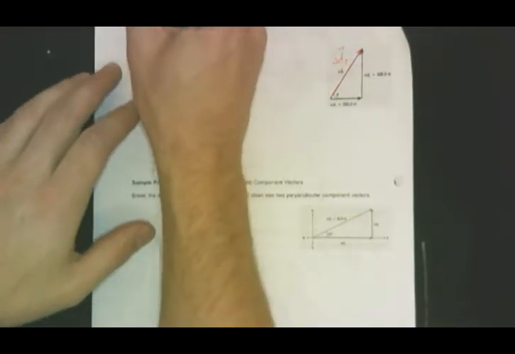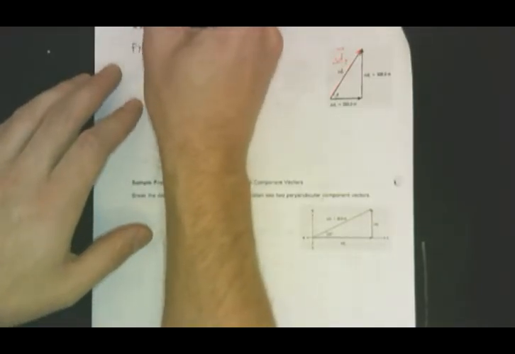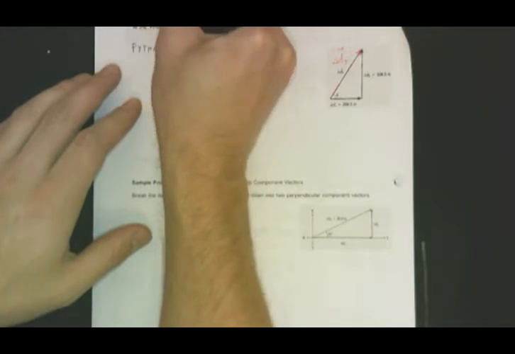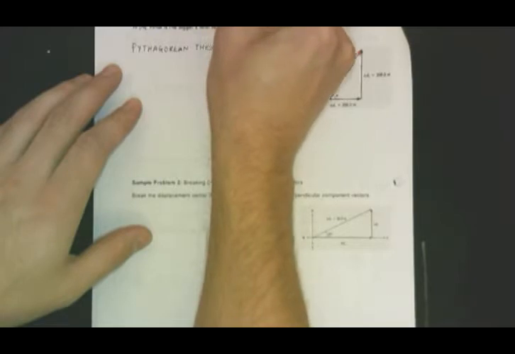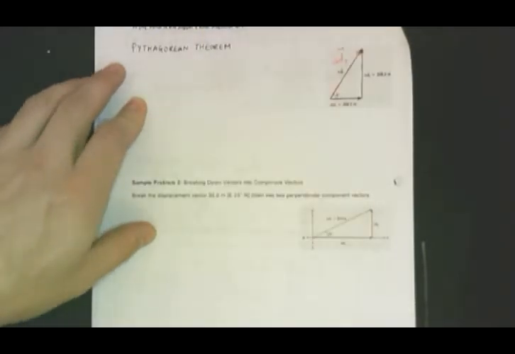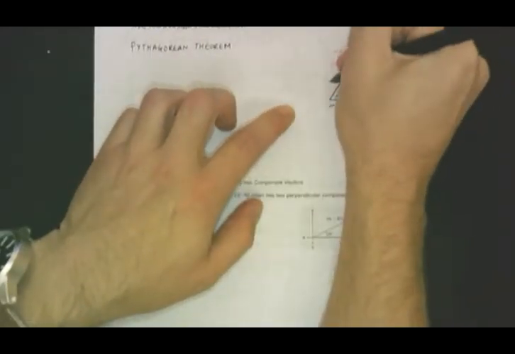So how can I use trigonometry to find total displacement? Good. We'll use the Pythagorean theorem. And for this, I'm going to label this so that we know what we're talking about.